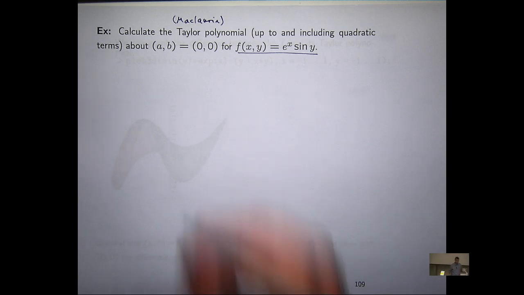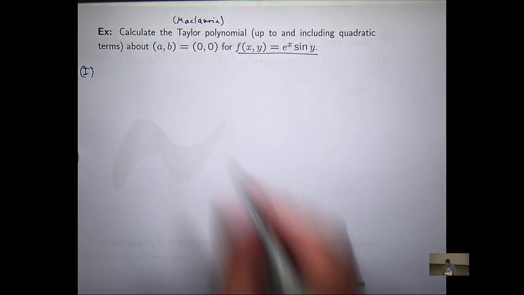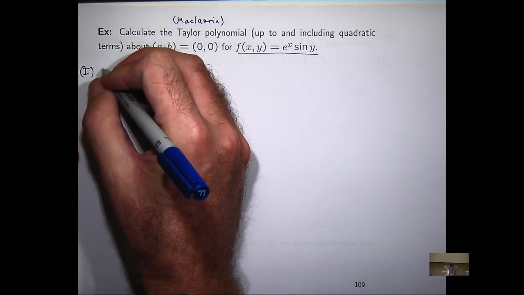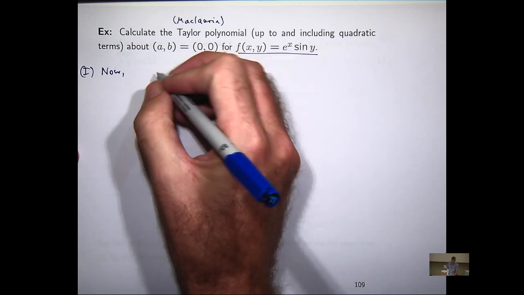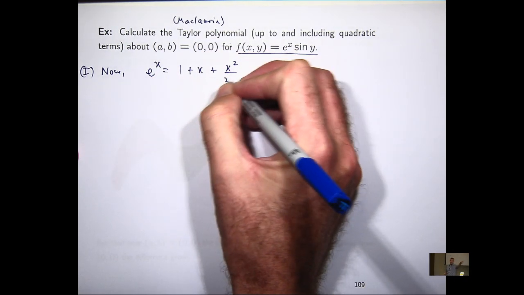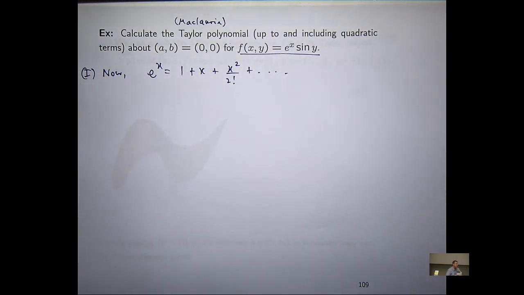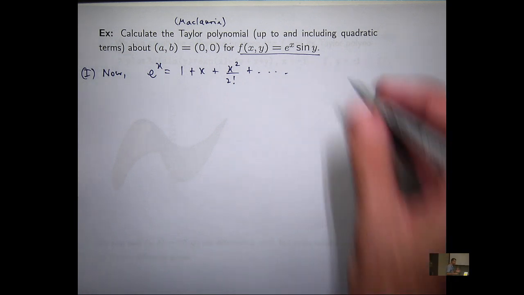So this is one way of doing it. I know that e to the x is just 1 plus x plus x squared on 2 plus higher order terms. I can just write that down. That's hardwired into my brain. Sin y is a little trickier.